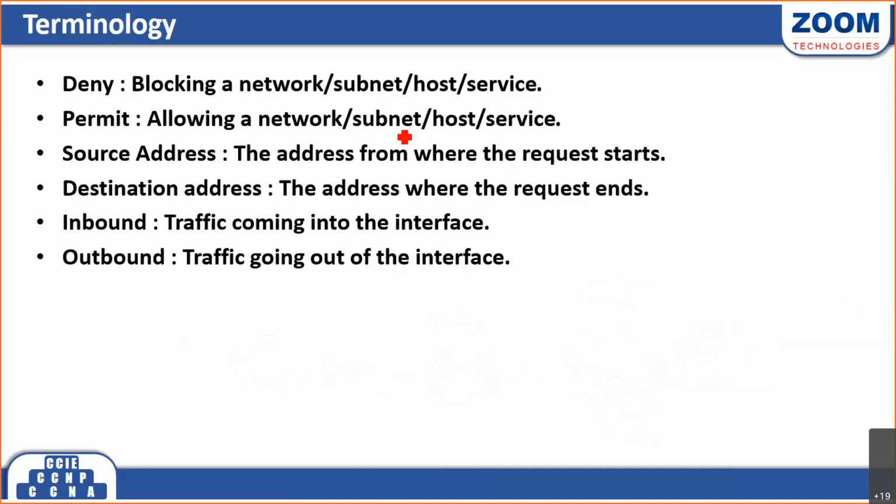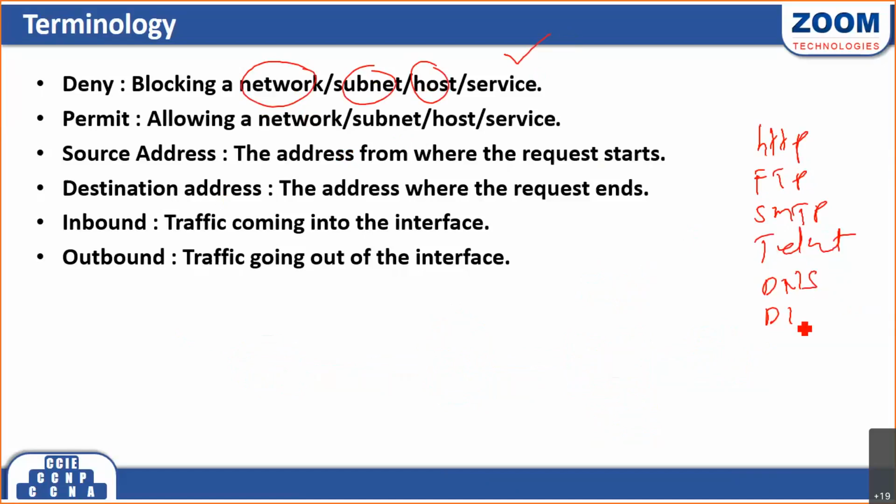So ACL can filter the traffic. Which traffic can be denied? Network traffic, subnet traffic, host traffic, and services also. Services are what? HTTP, FTP, SMTP, Telnet, DNS, DHCP. These are all services. These services mostly come under two protocols, TCP and UDP, right?